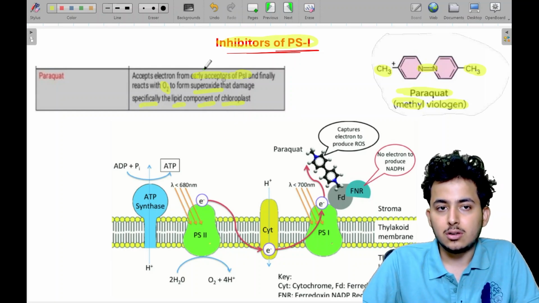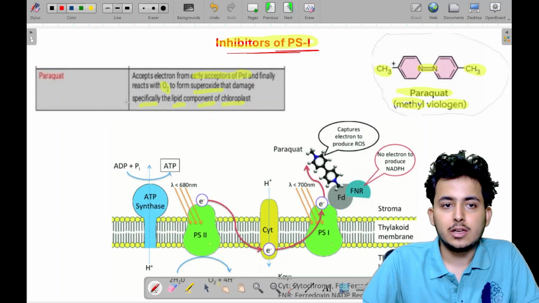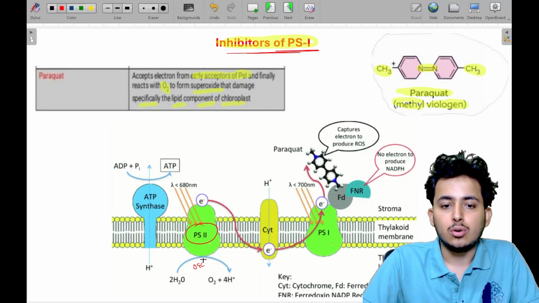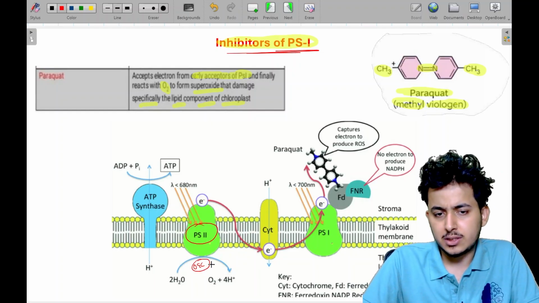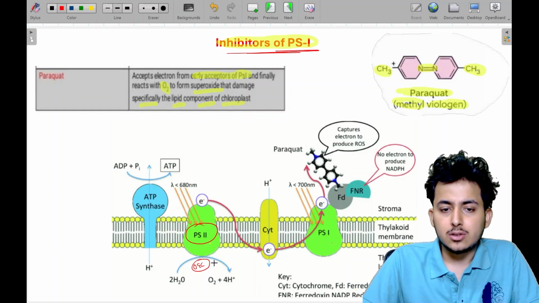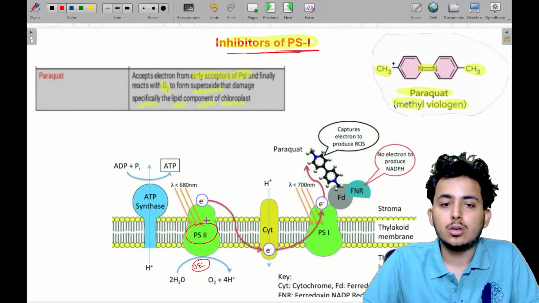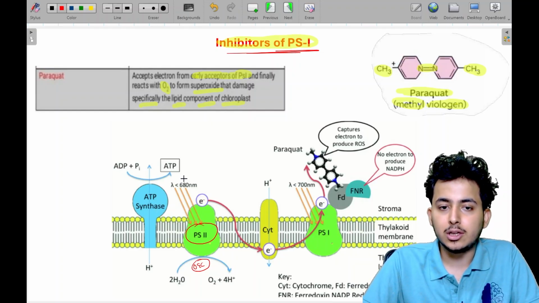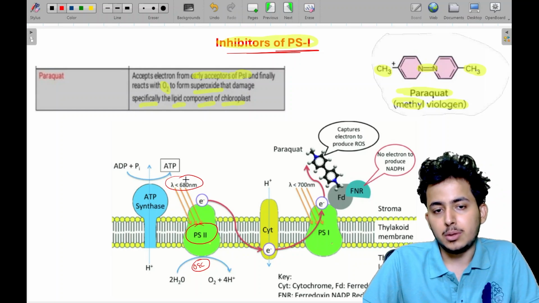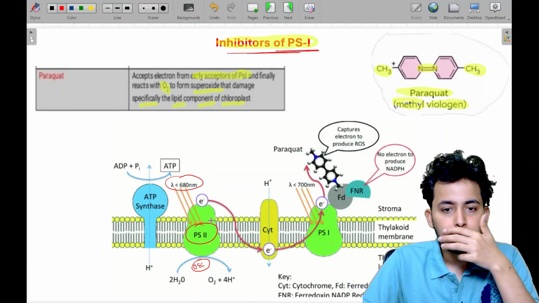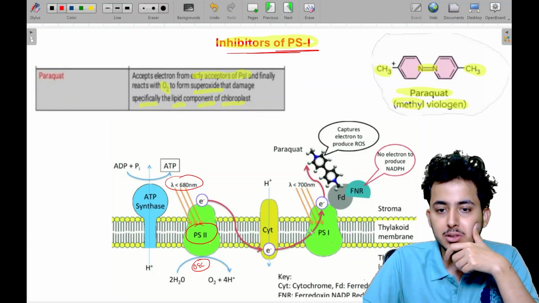So what does this paraquat do? If you look over here, this is your entire PS2 and PS1 complex. PS2 is associated with the oxygen evolving complex, or you can say the manganese associated complex. This oxygen evolving complex leads to photolysis of water, and then if a wavelength of less than 680 nanometer is irradiated, the antenna molecules absorb it and transfer it to the reaction center, and flow of electrons happens.